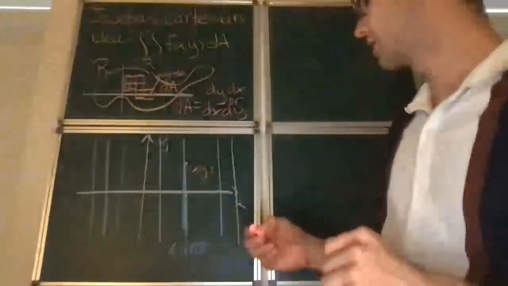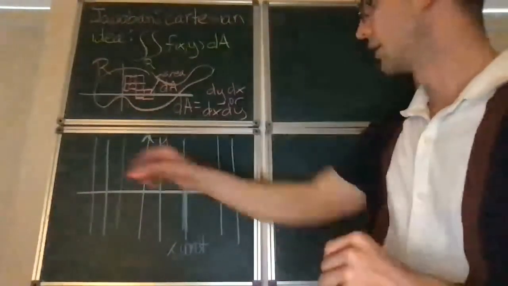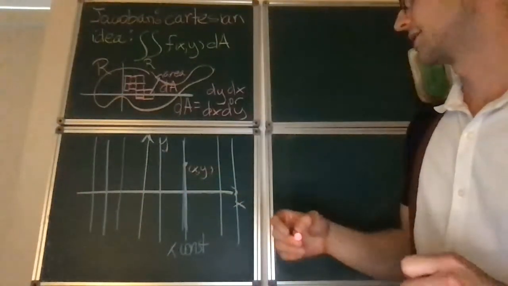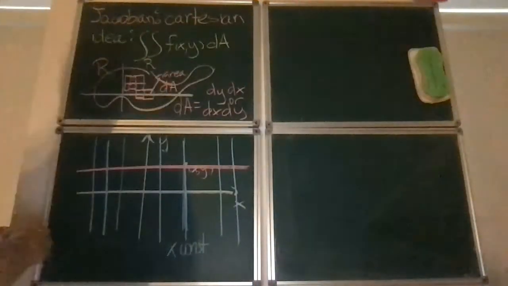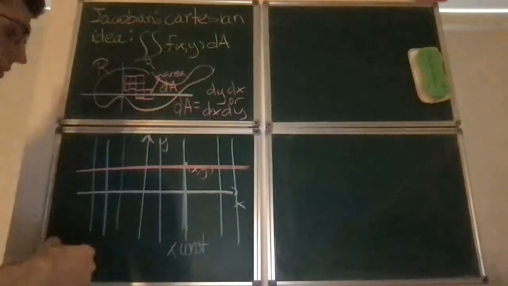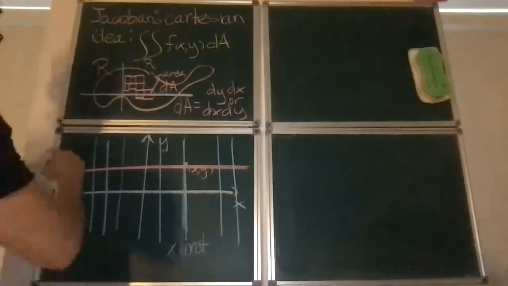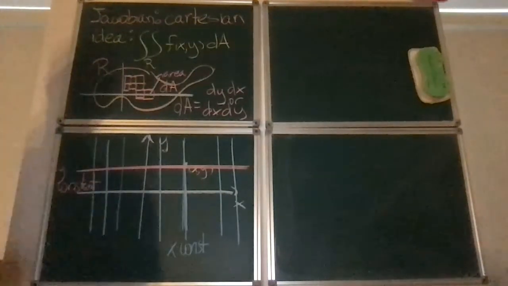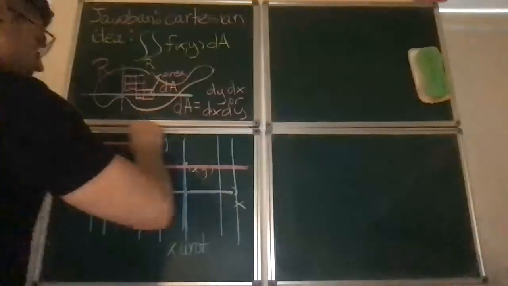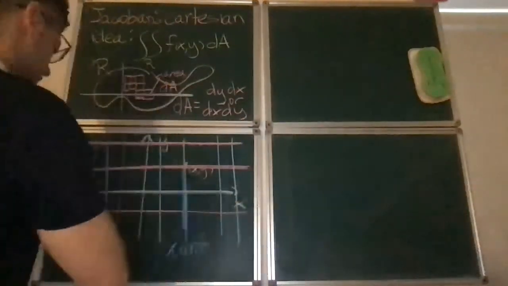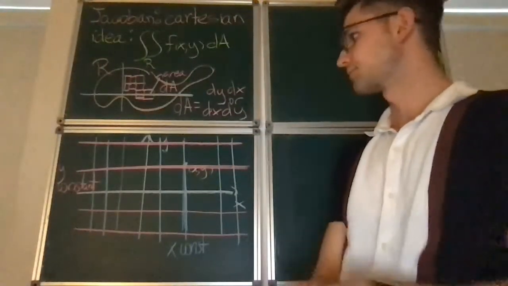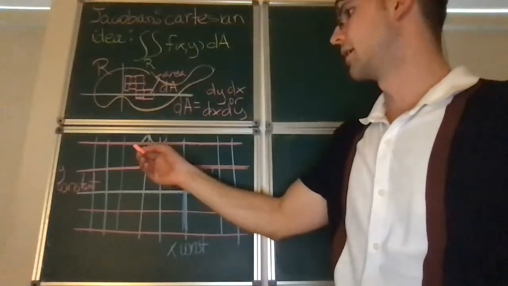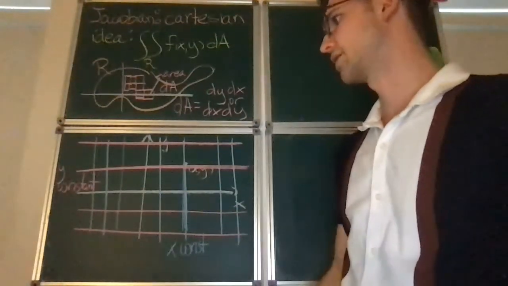And by the same logic, you can draw a line that's parallel to the x-axis, right? If this is a horizontal line, then now y is constant, and so you can draw other horizontal lines, right? And all of them have the property that y is constant.